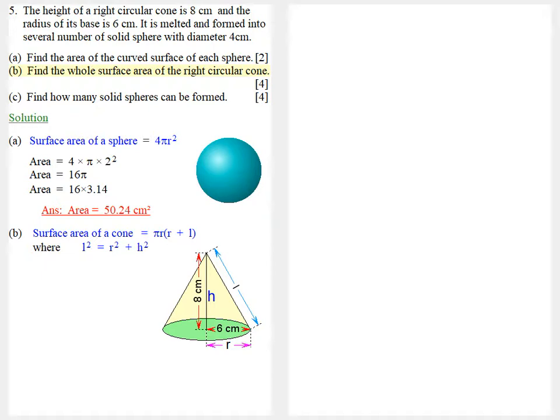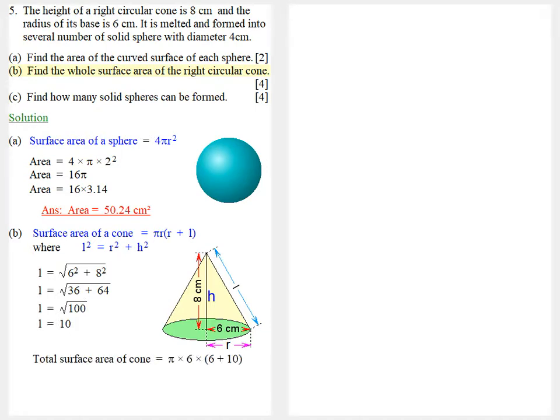Now we can use Pythagoras' theorem to work out l, because l squared equals r squared plus h squared. In this case r is 6 and h is 8, so l is the square root of 6 squared plus 8 squared, which is the square root of 36 plus 64, or the square root of 100, so l is 10.